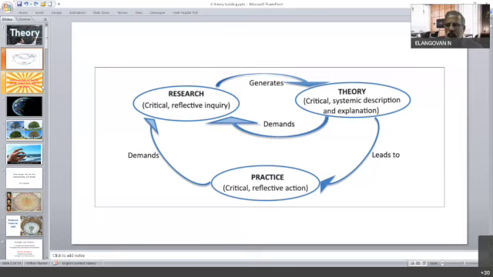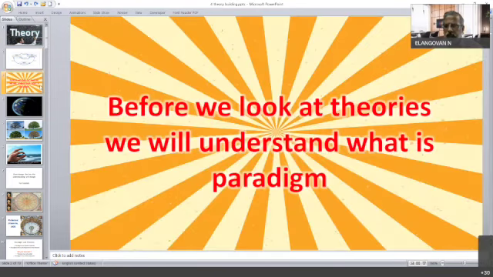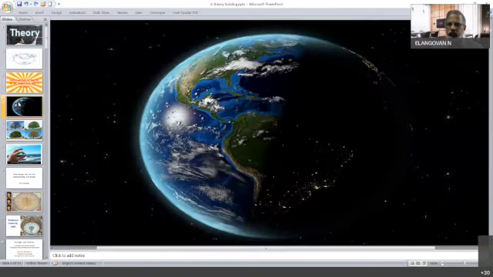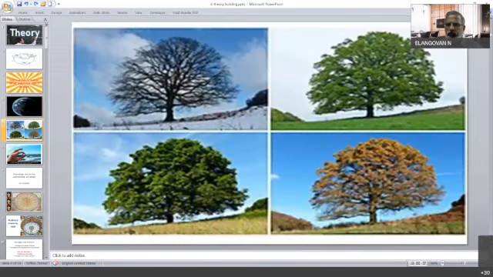Actually, this is a standalone PowerPoint. Therefore, I used to start with the paradigm, but we have already seen what a paradigm is. Just to connect with the further slides, I'll just run through it. Usually before theory, we talk about the paradigm. So you know what a paradigm is? Paradigm is nothing but a world view, in the sense of how we look at the world.